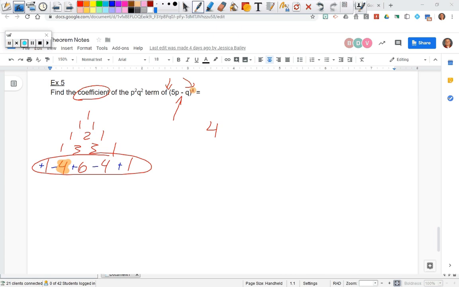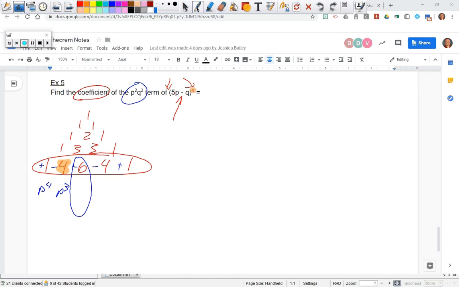We want the coefficient, though, of this term. We have to find this term now. You with me? We know the first one is p to the 4th, then p cubed. There it is. You see what I did there? So it's not 4 actually. It's 6. It's negative 6.